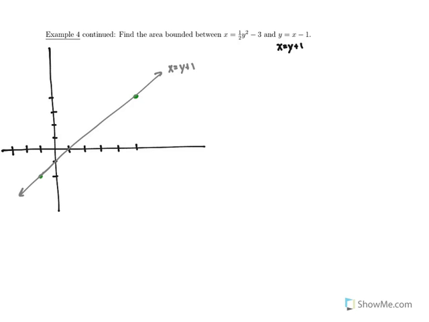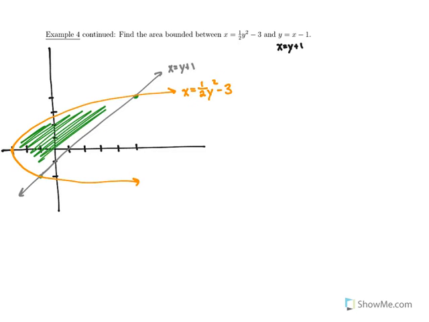And this time for our parabola, we're just going to have one parabola, or one function here. We're going to call that x equals 1/2 y squared minus 3. And we're only going to have one area to consider. Again, this area right here.